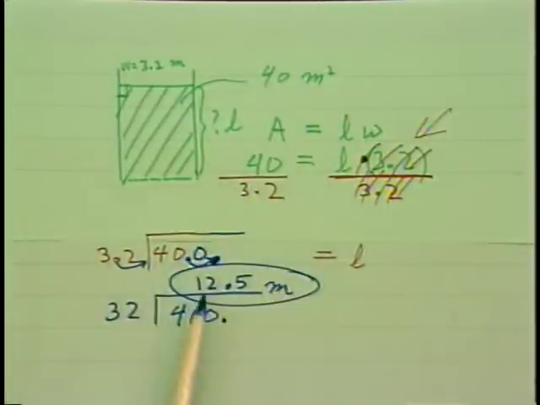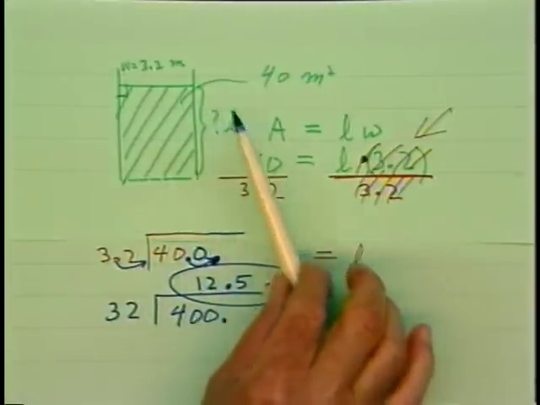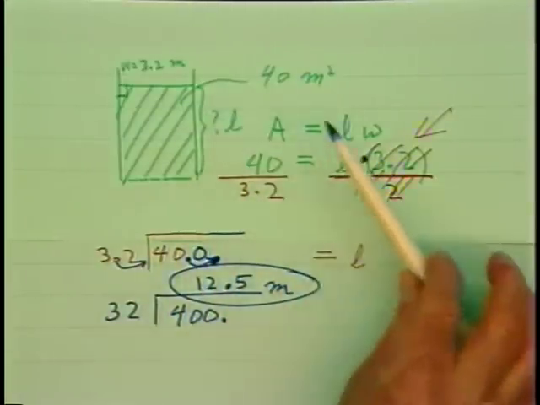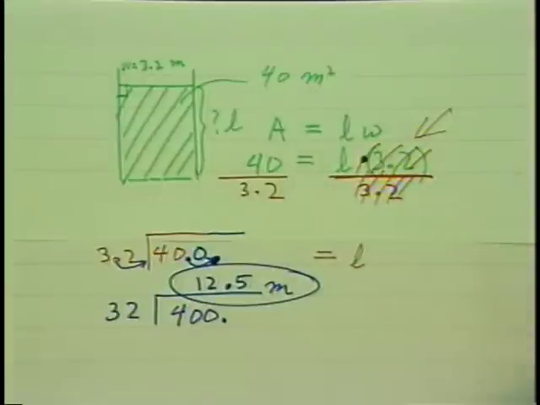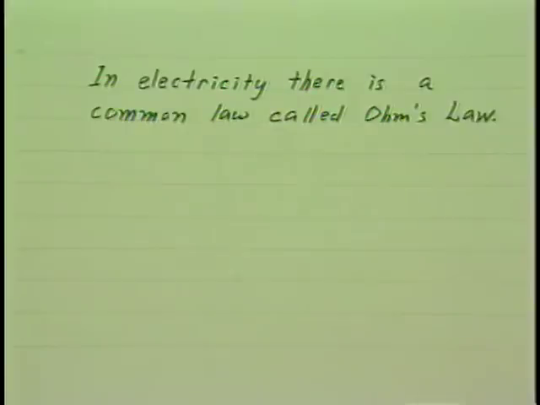This kind of situation occurs innumerable times in technology, drafting, landscaping, surveying, virtually every area that exists that uses numbers. One more example. In electricity and electronics, there is a common law called Ohm's law.